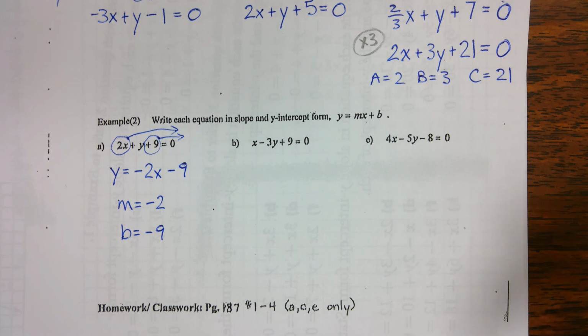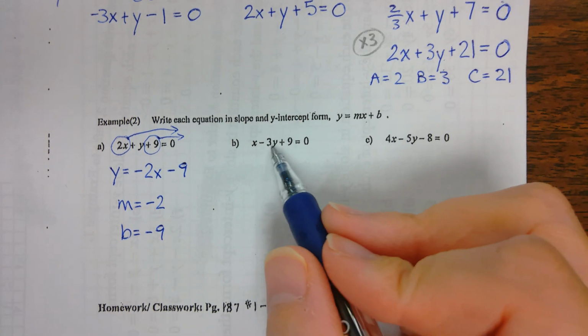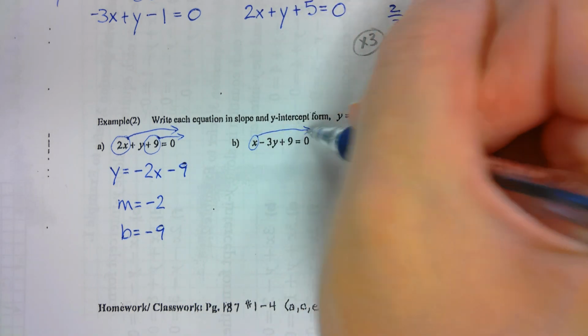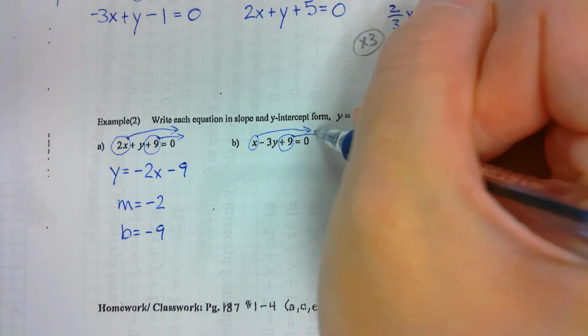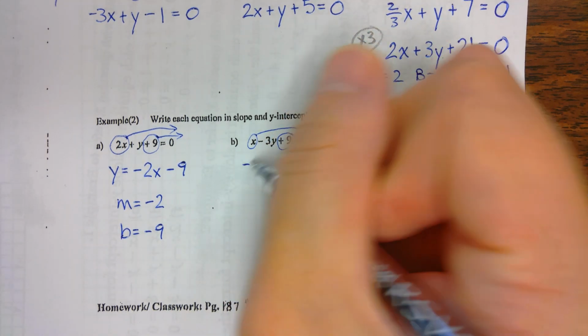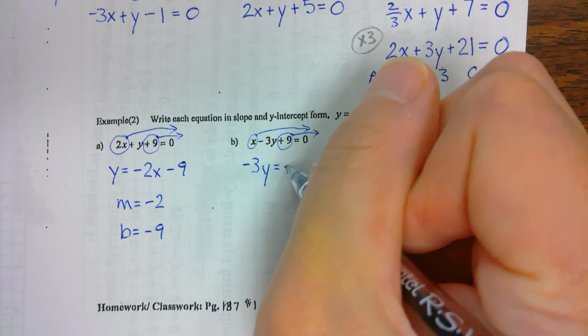Alright, this one. I want y only on the left side, so I'm going to move the x over. I'm going to move the 9 over. So what's left on the left side? Right, -3y. Good. Negative x minus 9.